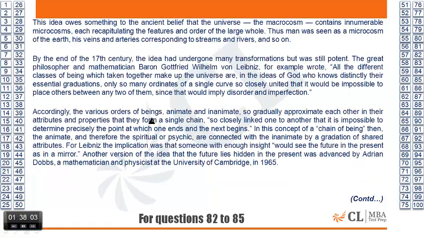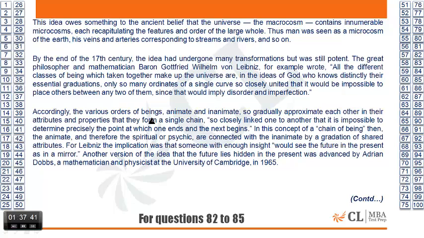Whatever that means. Okay. The idea was something to the ancient belief that the universe, the macrocosm, contains innumerable microcosms, each recapitulating the features and order of the larger whole. Thus man was seen as a microcosm of earth, his veins and arteries corresponding to streams and rivers and so on. So they are all interconnected. By the end of the 17th century, the idea had undergone many transformations, but was still potent.